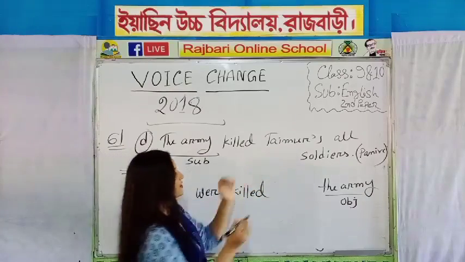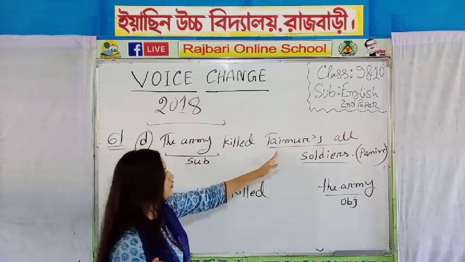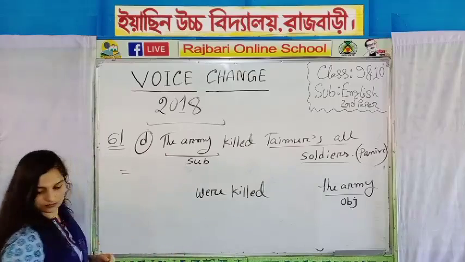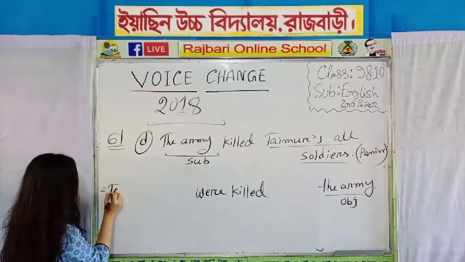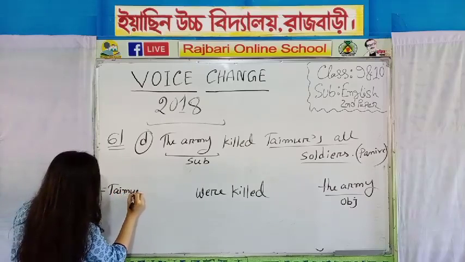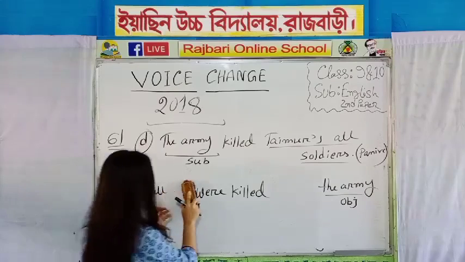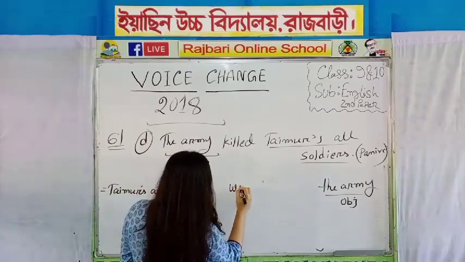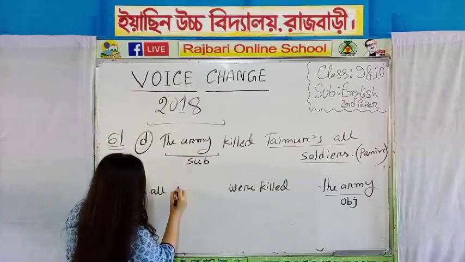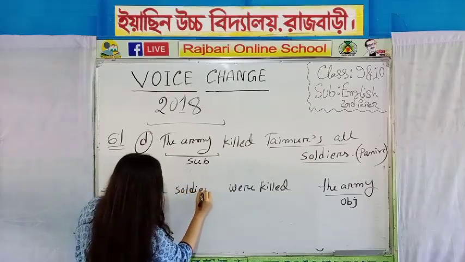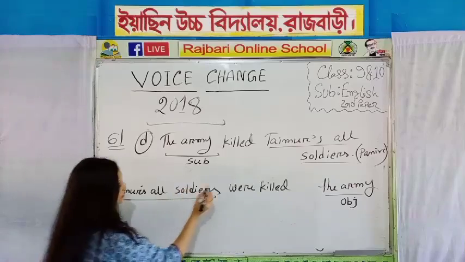Next one, object. We have to make object into subject. So Toimur's all soldiers. So it will be, so it was our object.